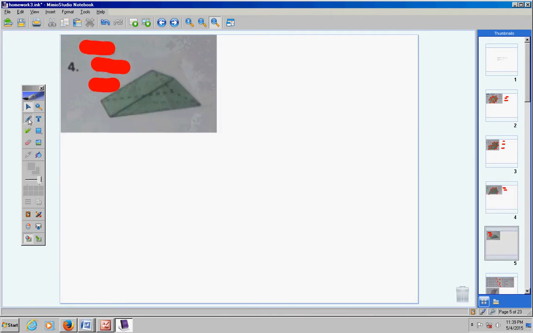Alright, number 4. Let's count the faces here very quickly and see how we do. We have a front right here, that's 1. And a back, that's 2. Then we have this face right here. Then 1 right there. So that's 5 faces, if that's correct.